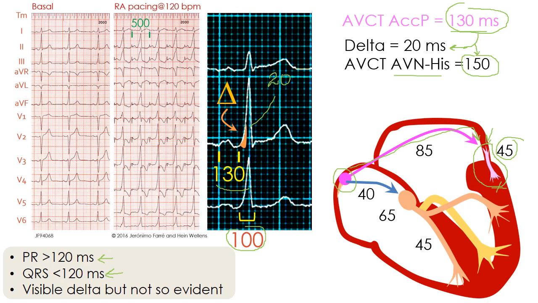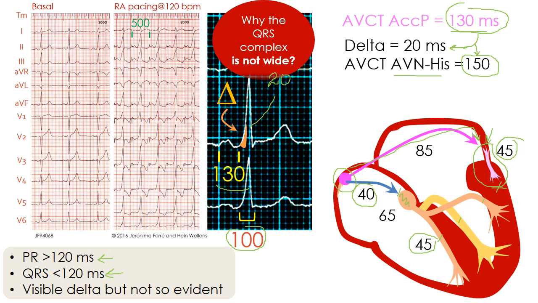We have postulated 40 milliseconds from the sinus node to the entry of the AV node, 65 milliseconds to cross the AV node, and 45 additional milliseconds to arrive in the ventricular myocardium via the bundle branch system.